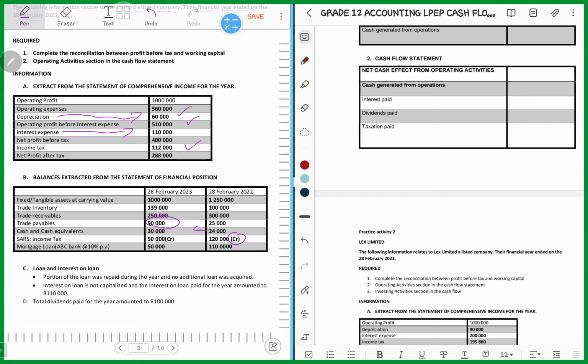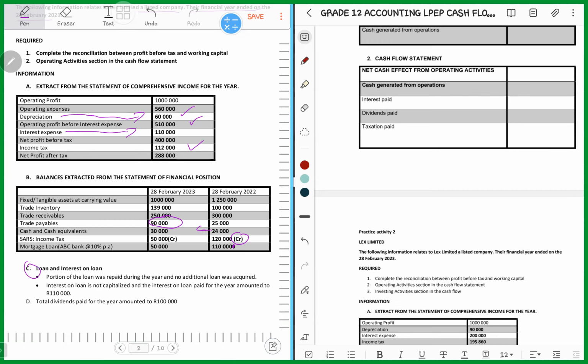Then we have mortgage loan from ABC Bank at 10% per annum interest. From the previous year, it was, here there was a mistake in terms of zero, it was 110,000. It's currently standing at 50,000. It means there is a decrease in loan, and a decrease in loan is an outflow, meaning that cash was paid to repay the loan or to reduce the loan.